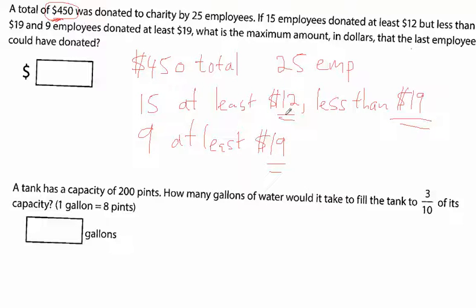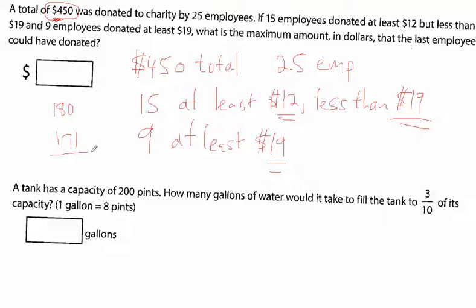The 15 people gave $12 each, and 15 times 12 is 180. 9 people have to have given at least $19, and 9 times 19 is 171. Again, we're giving everybody the minimum so that the last person will be left with the maximum amount.